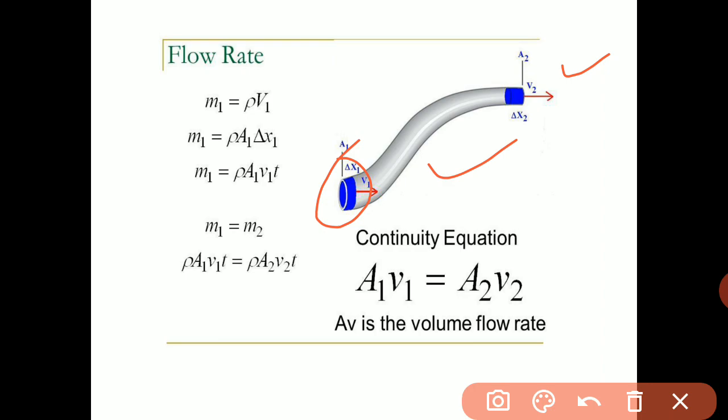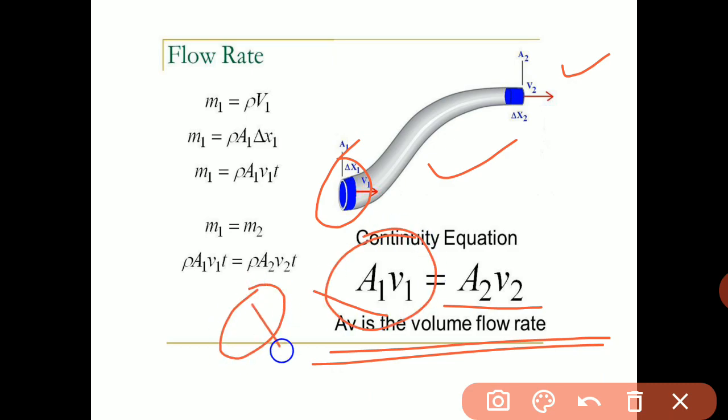So here we have applied the continuity equation, that is A1 V1 equals A2 V2. So AV is the volume flow rate. In short, what this continuity equation says is that A1 V1 is the discharge at the first point, and A2 V2 is the discharge at the second point.